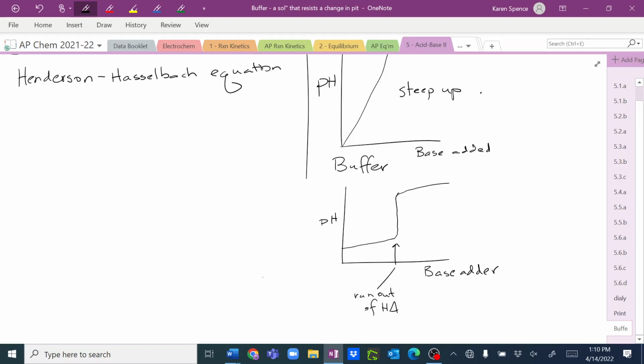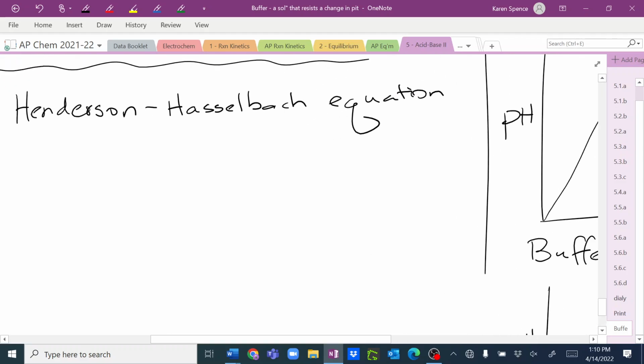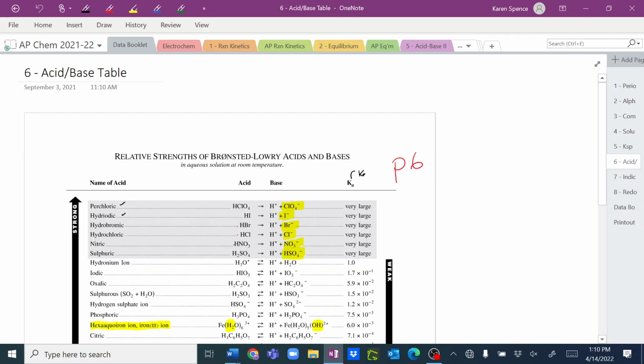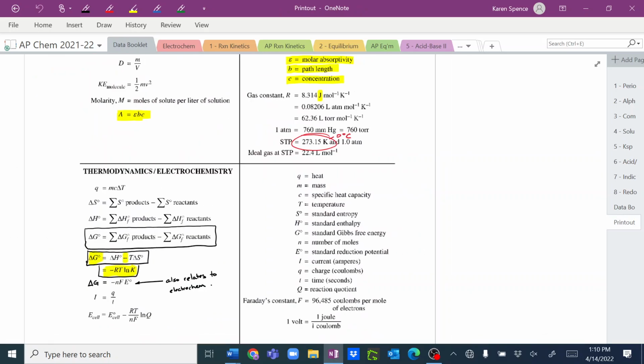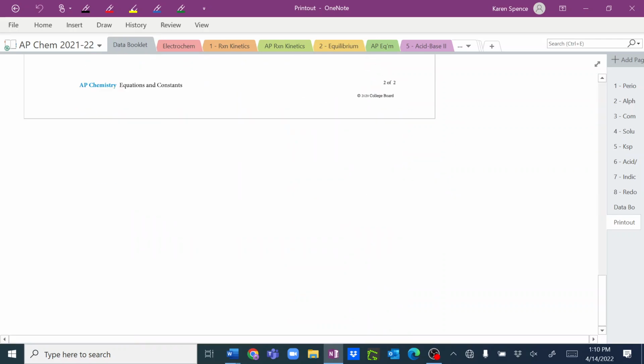So, where were we? We were talking about the Henderson-Hasselbalch equation. And this is a lovely equation. It's actually fairly easy to remember. There are two versions of it, but it is also on your data sheet. Do you have your AP data sheet with you?